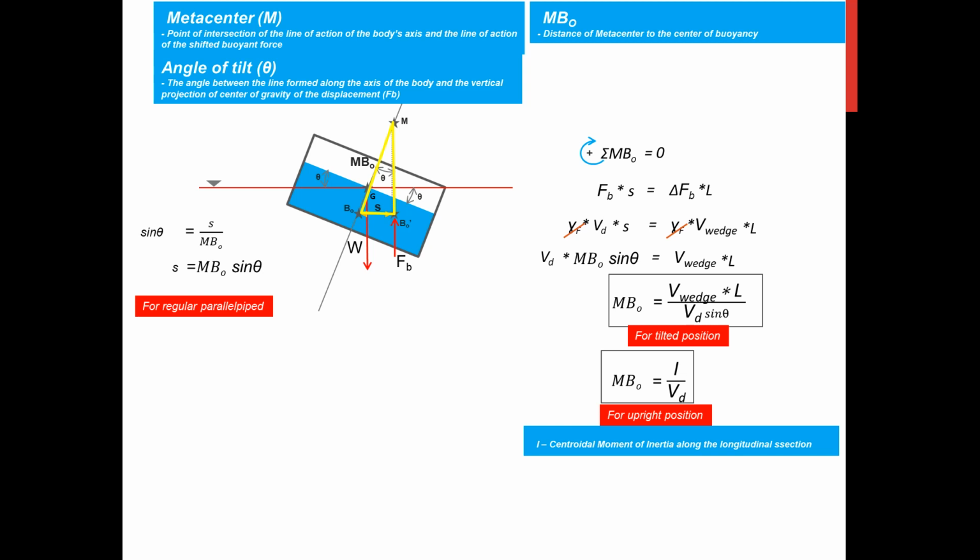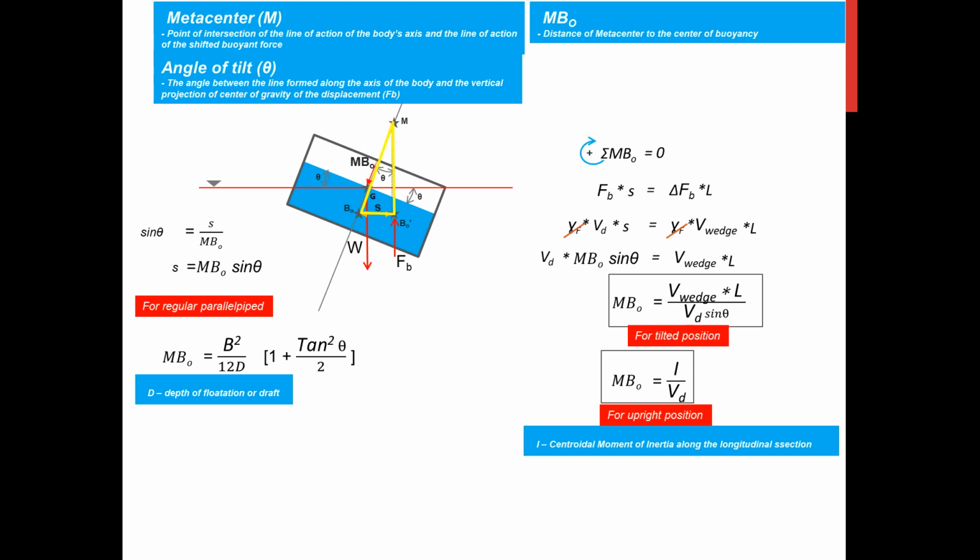For a rectangular parallelepiped, MBO is equal to B squared all over 12D times 1 plus tangent squared of theta all over 2. So this formula is again for a tilted position. Notice that in the formula we have an angle because of the tilting. D here is the draft or the depth of flotation.